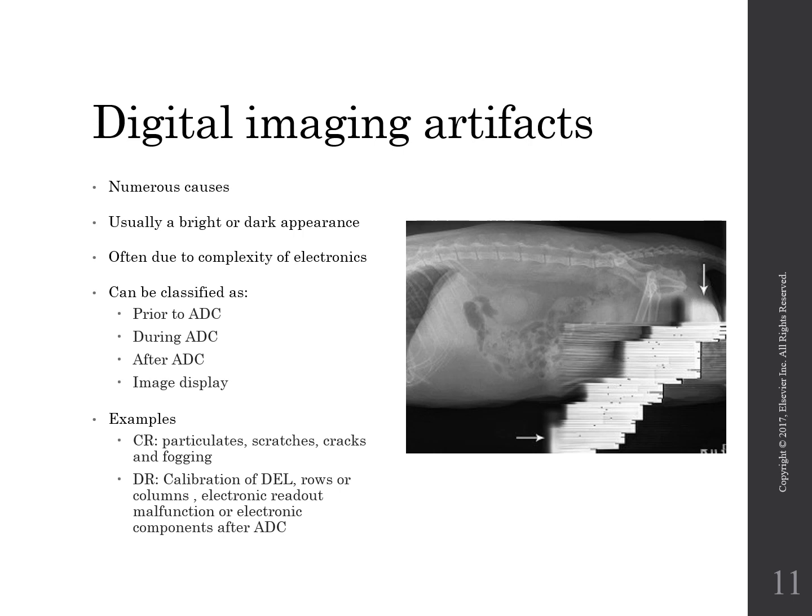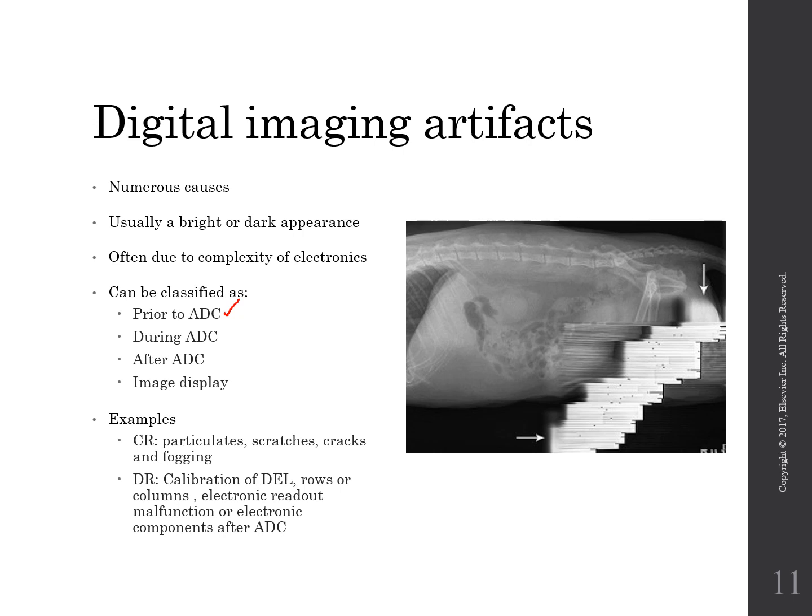Some examples of this, if we want to look into particulars, for prior to the ADC, it could be something like on a CR cassette, you could have a scratch on the cesium iodide where there was no longer any capture element there to collect photons. Therefore, you're going to get an artifact on your image.